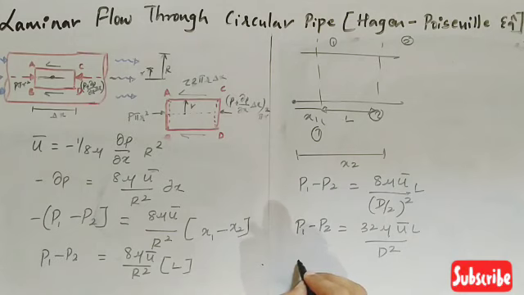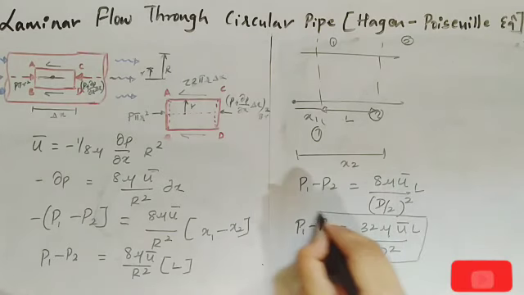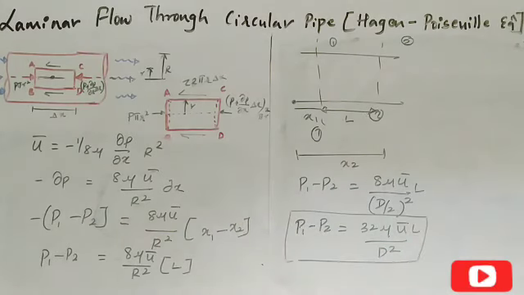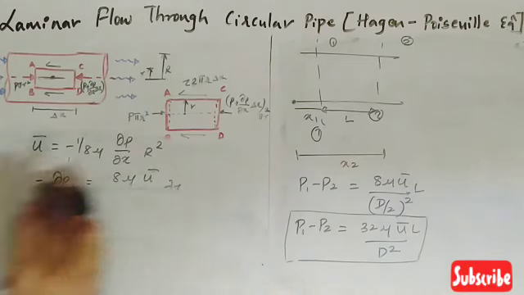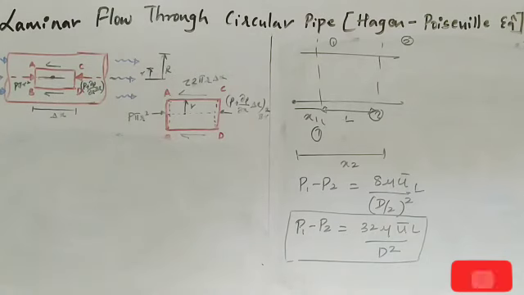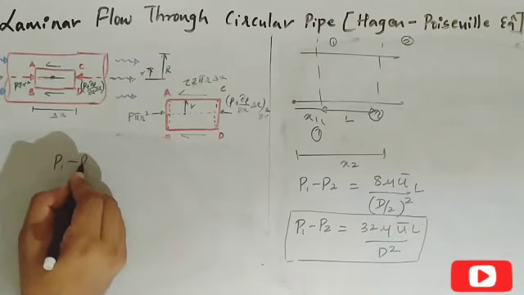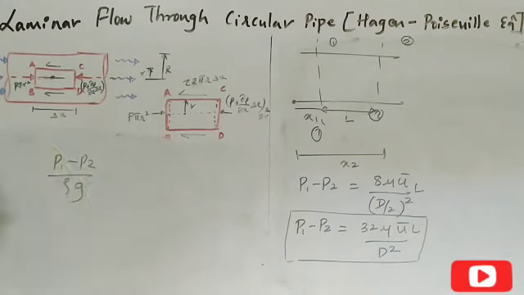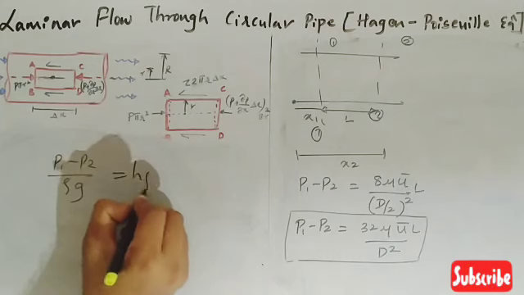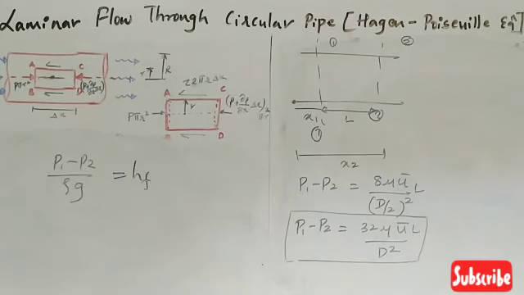Now this is a pressure difference between P1 and P2. Now we know that the loss of head in any pipe is given by (P1 minus P2) divided by rho g, which is equal to HF, that is the loss of head.